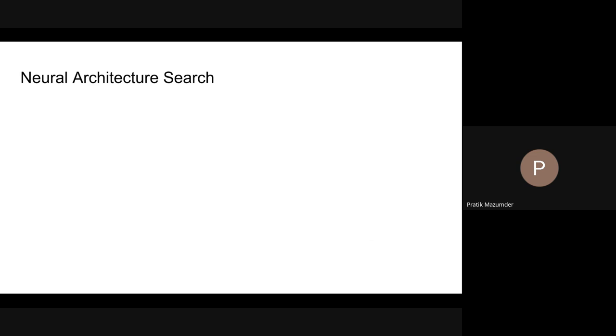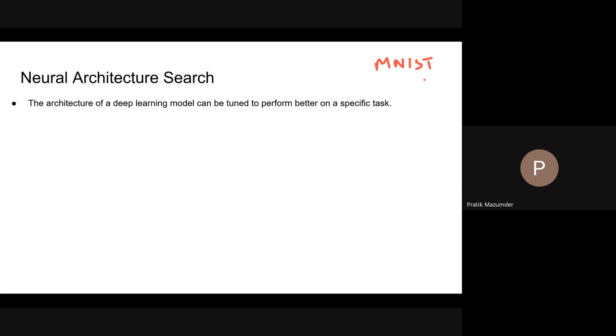Okay, all right. So for any model that you take, the architecture is important, because you want an architecture that performs well on a particular data set. For example, consider the MNIST data set. It's a very small data set with handwritten digits, and these are very small images, I think 28 by 28 in size, black and white images, just a single channel.